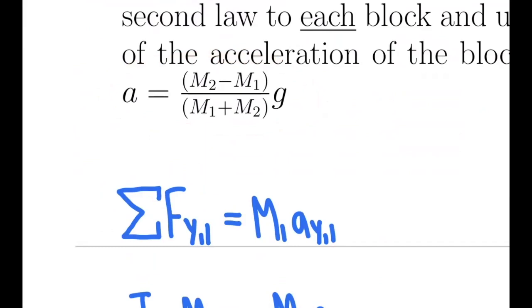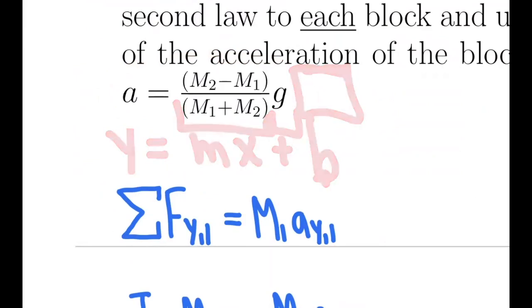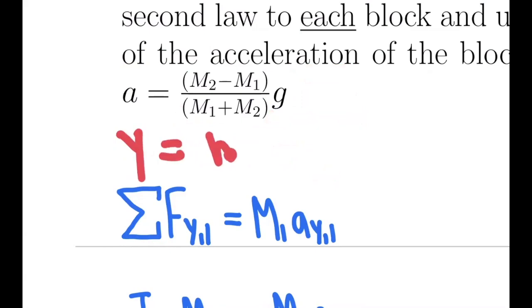And what's the equation of a line? Let's start with that. Let's go to the basics. y equals mx plus b. Yeah, so we want y equals mx plus b. I don't think we're really going to have a plus b because I don't see a plus anything here. It just looks like something times something. So really we're looking at y equals mx for this problem.